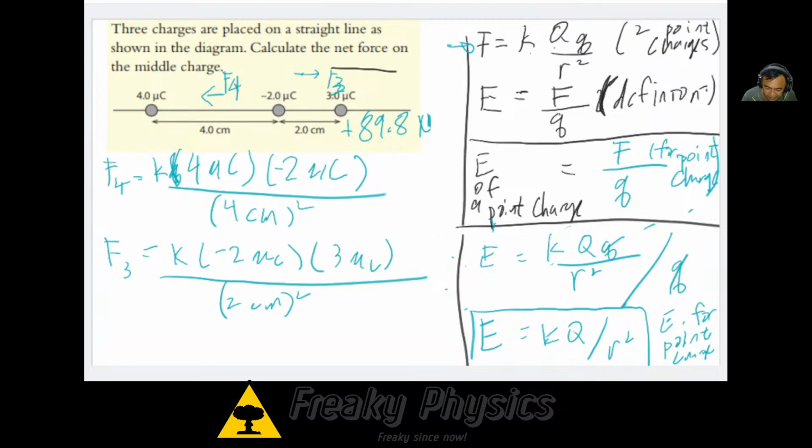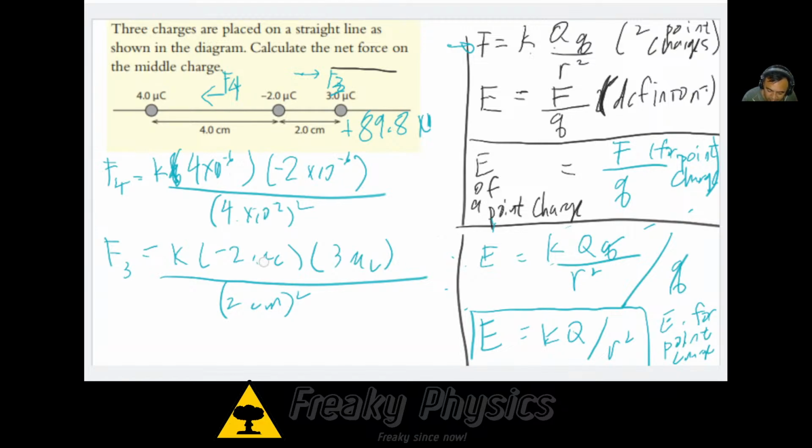So let's convert that now. Let's change this to 10 to the minus 6, this is also 10 to the minus 6, and minus 10 to the minus 6. The 4 cm becomes 4 times 10 to the minus 2 meters.